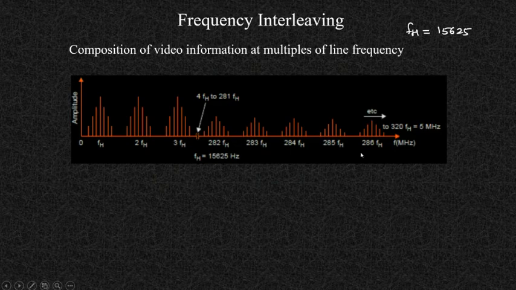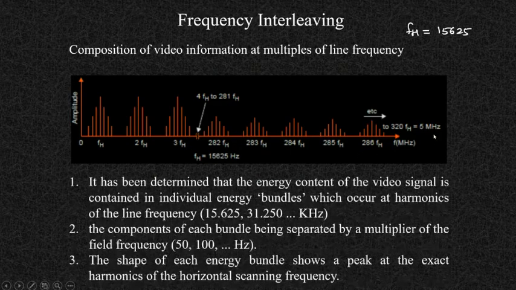Okay, up to 5 megahertz, okay. Now here if I try to put my color subcarrier somewhere here, my line frequency amplitude is very high, so it may hamper my intensity information.